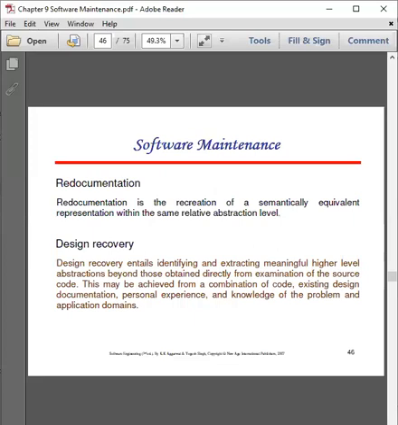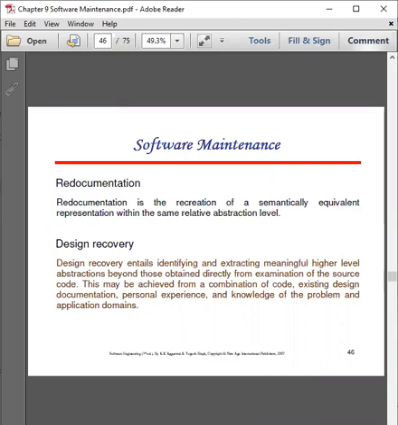Redocumentation is the recreation of a semantically equivalent representation within the same relative abstraction level. Design recovery entails identifying and extracting meaningful high-level abstractions beyond those obtained directly from examination of the source code.